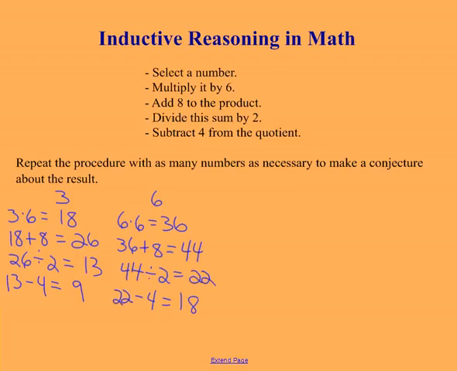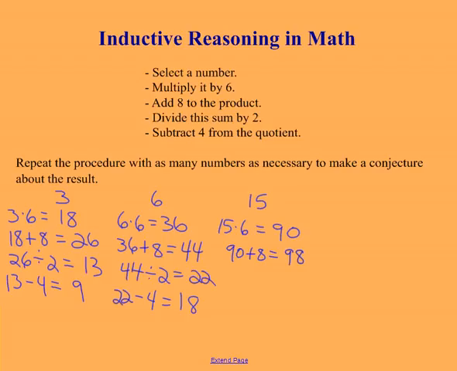We probably should go to somewhat of a bigger number instead of just working with small numbers. So how about 15? Okay, multiply 15 times 6. Well, 15 times 6, we have 30, carry the 3, 6 and 3 is 9, 90. All right, add 8 to 90, so we have 90 plus 8, which is 98.